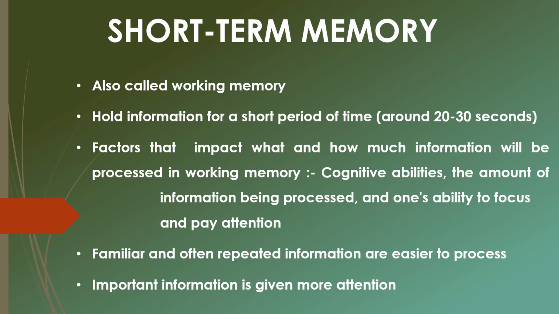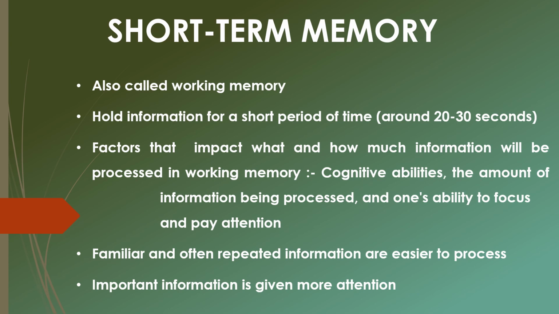Along with that, the information that is familiar and has often been repeated doesn't require much cognitive capacity and it will be easier to process. For example, riding a bike or driving a car takes minimal cognitive load if you have performed this task numerous times. Finally, people will pay more attention to information they believe is important, so that information is more likely to be processed.